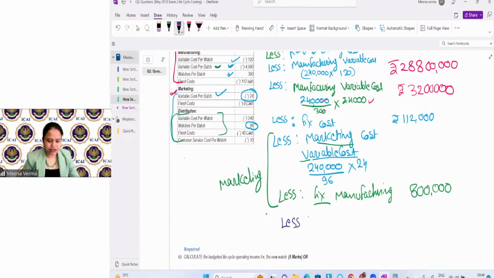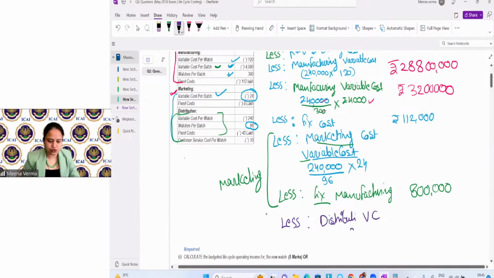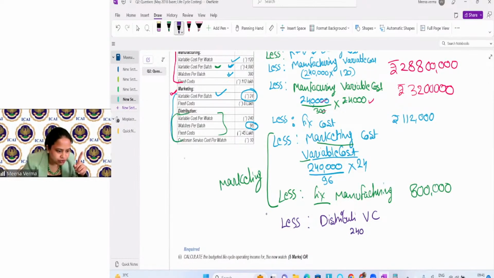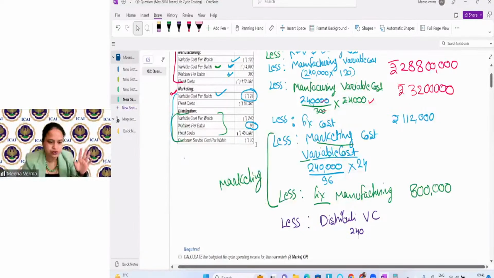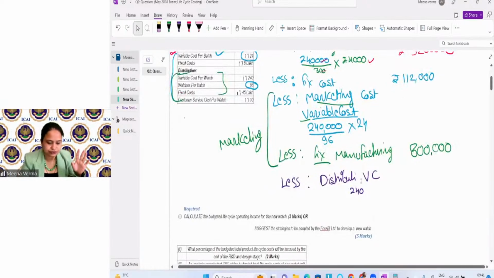Less distribution variable cost. So what is the distribution variable cost? 240 per unit is the distribution cost. Now you have to see how many watches we are selling. Is it given somewhere? Nothing is given, so we will assume that we are selling 240 units.